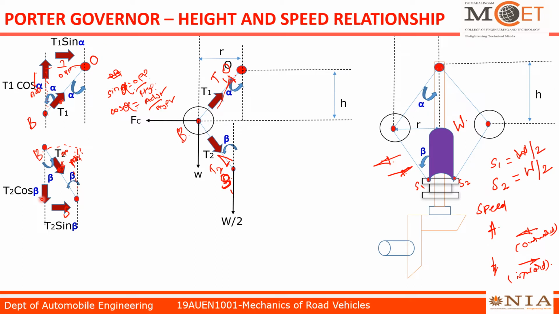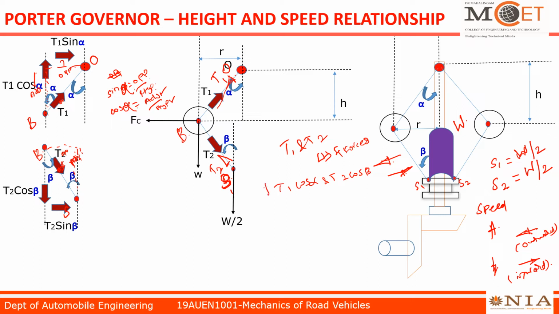Now we split the T1 and T2 tensions into four forces. Two vertical forces, two horizontal forces. I write here, T1 and T2 split into four forces. Two vertical forces are T1 cos alpha and T2 cos beta.